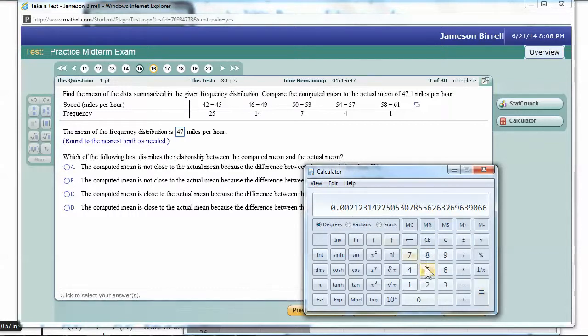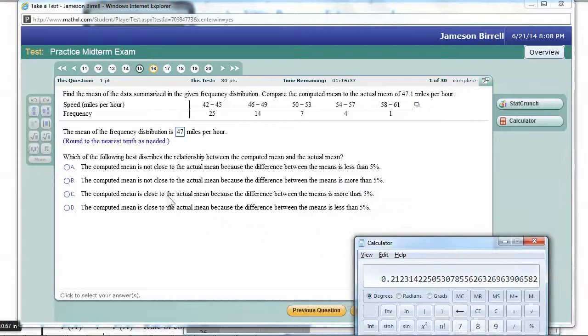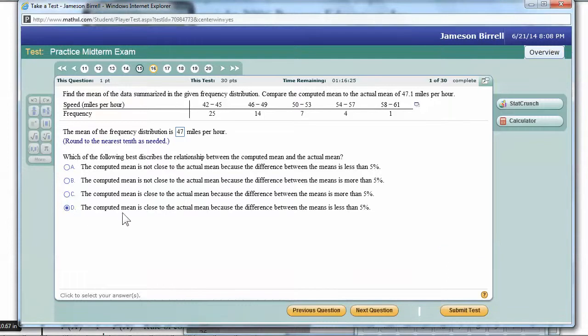And we get, move the decimal over 2, we get a less than 1% difference. So they're very close. The computed mean is close to the actual mean, because the difference is more than, no, it's not. I would go with D right here.